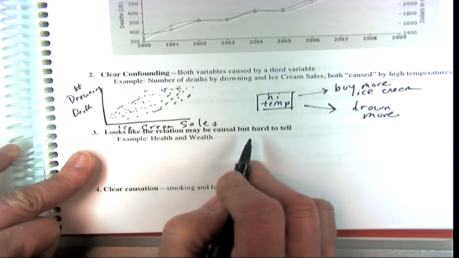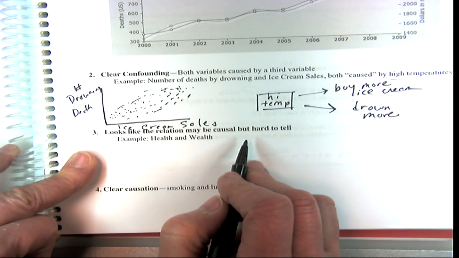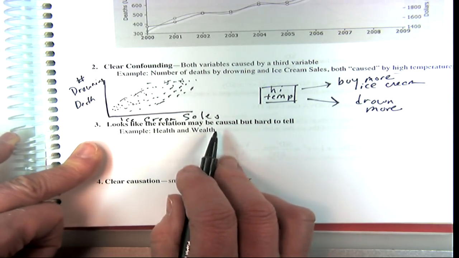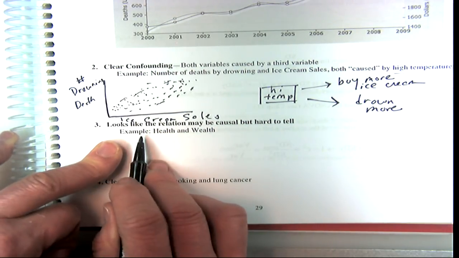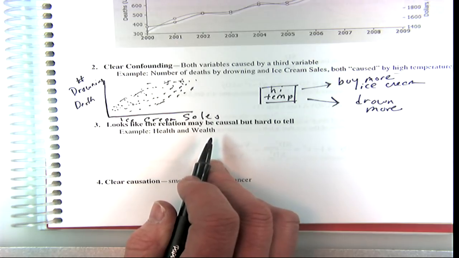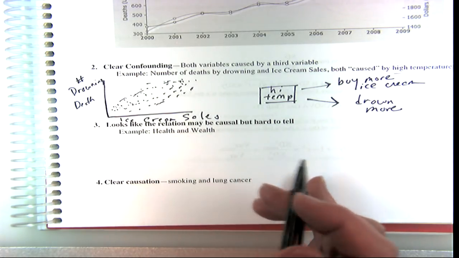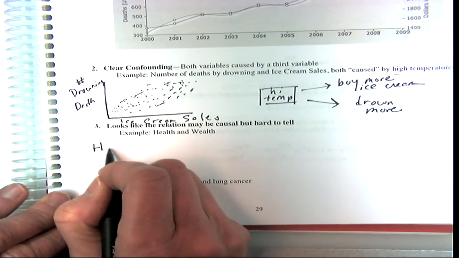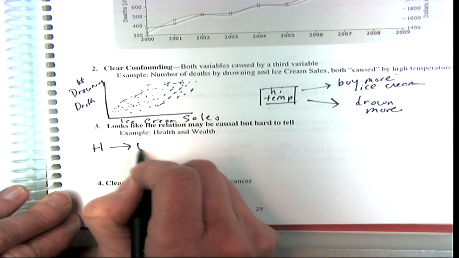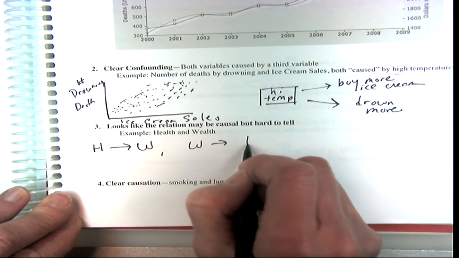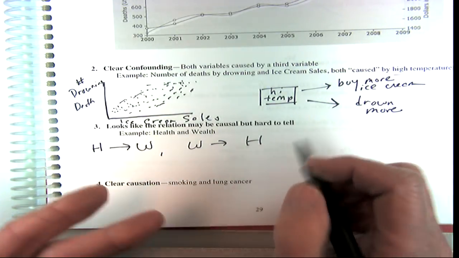Now let's look at the relation between health and wealth. Often the relation may be causal, but we don't know. We just talked about that. That's much harder. We see this correlation between health and wealth, but as we saw, we're not sure whether health is causing wealth or wealth is causing health. Probably both of them, right?